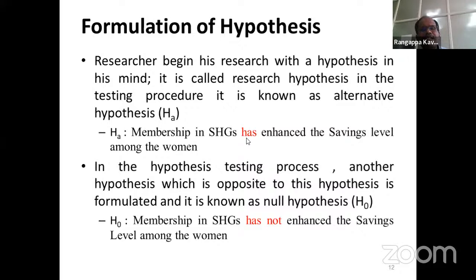The only difference is that in the alternative hypothesis I have written yes, and here I have written not. Except for this difference, the statements are similar. Membership in SHG has enhanced the saving level among the women; here, the membership in SHG has not enhanced the saving level among the women. So this is the difference between the null hypothesis and the alternative hypothesis.